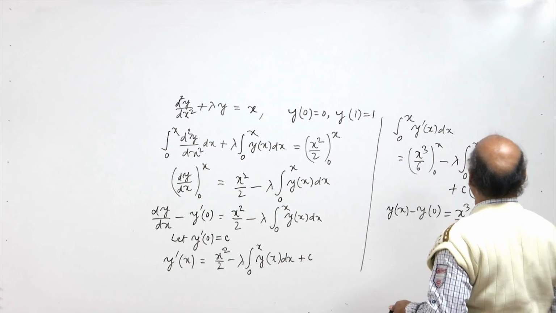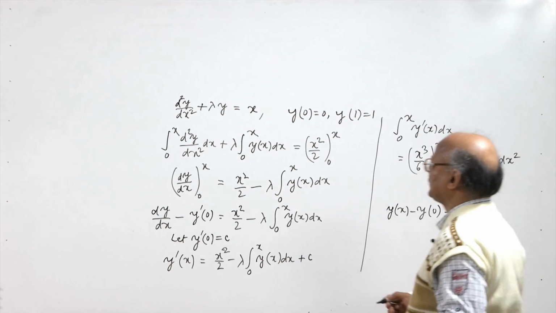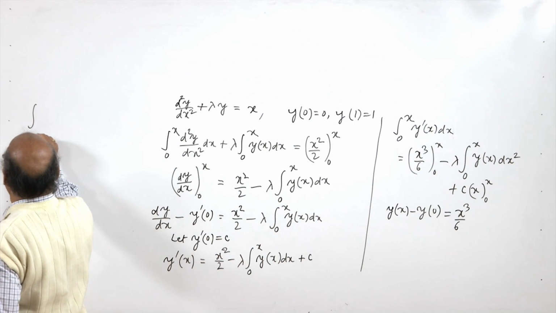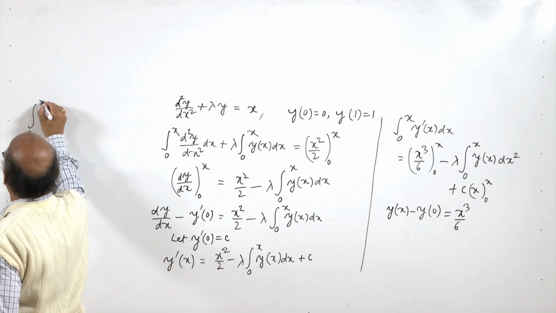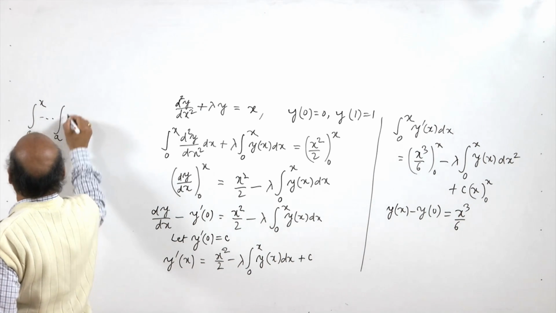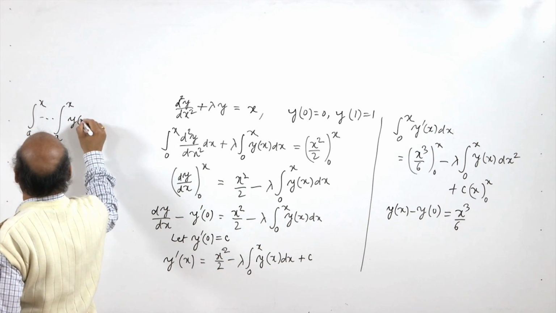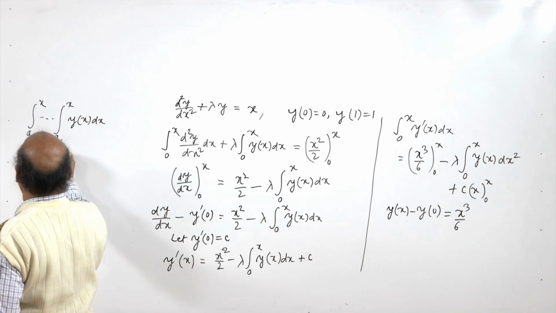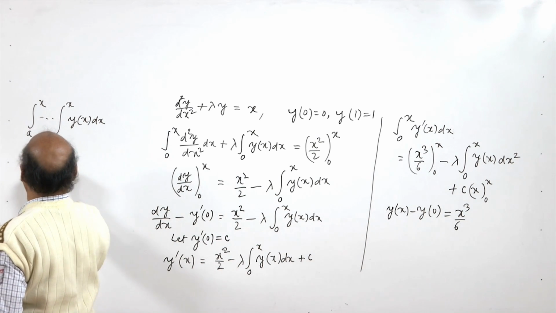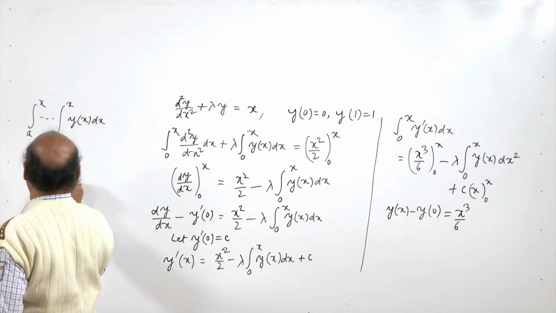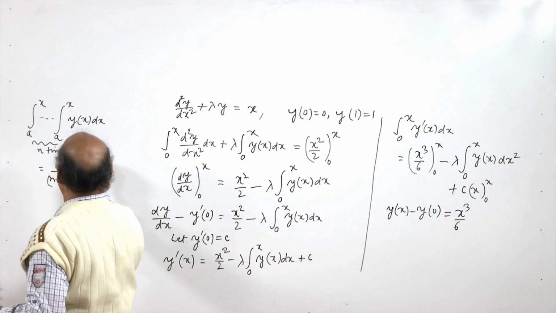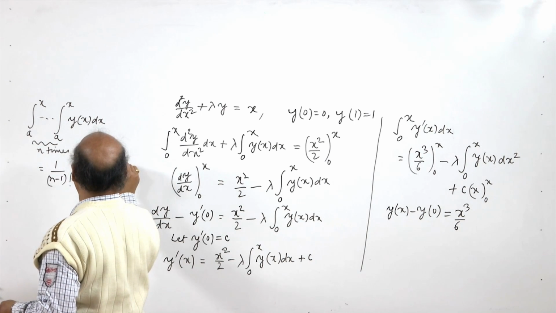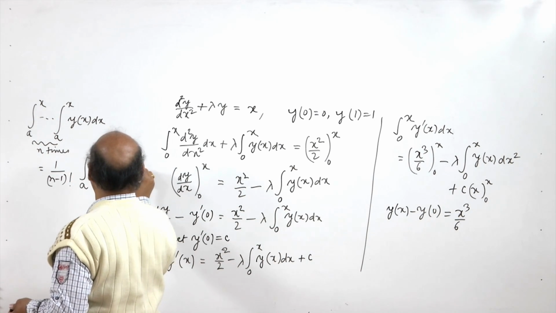And here we have a double integral, so let us recall the formula which converts the n-fold integral into a single integral. The integral from a to x of y(x) dx, n times, is equal to 1 over (n minus 1) factorial times the integral from a to x of (x minus t) raised to the power n minus 1 into y(t) dt.